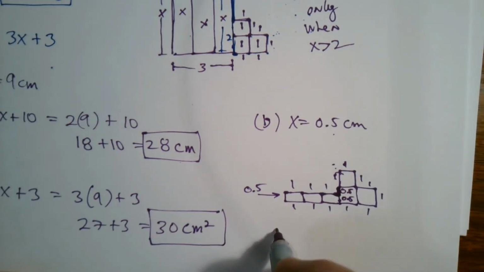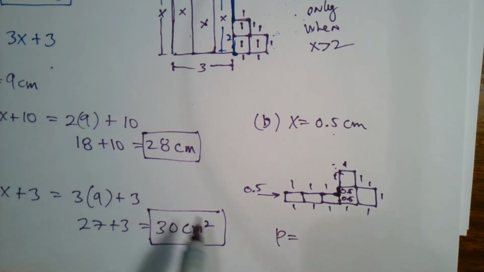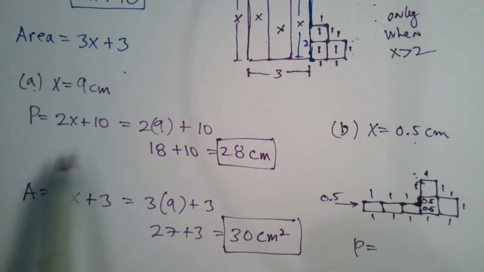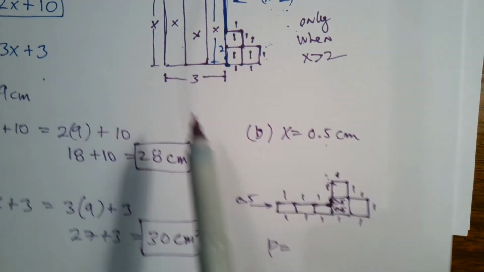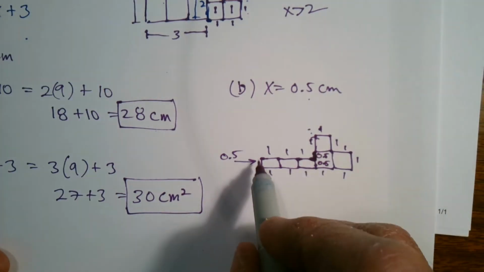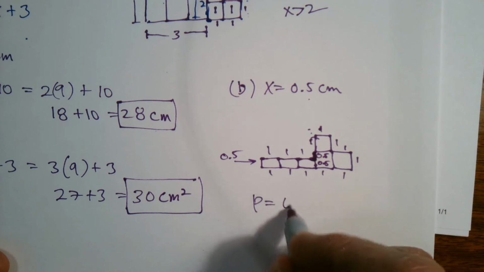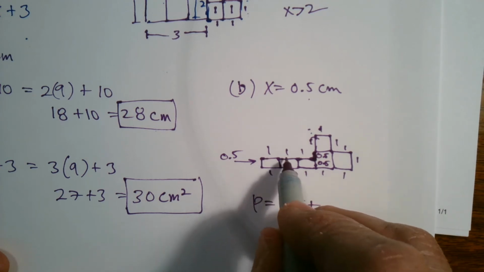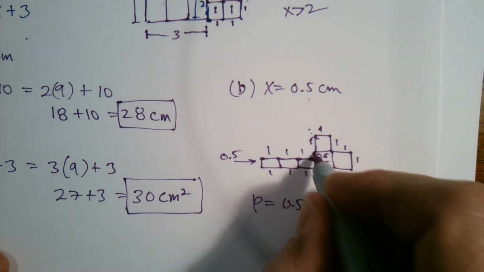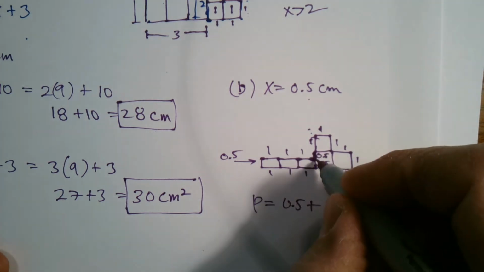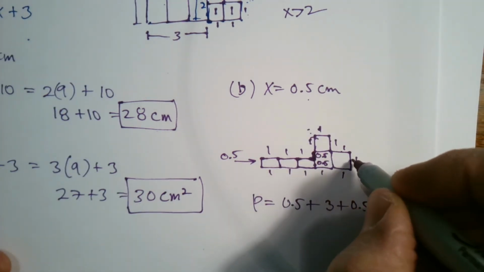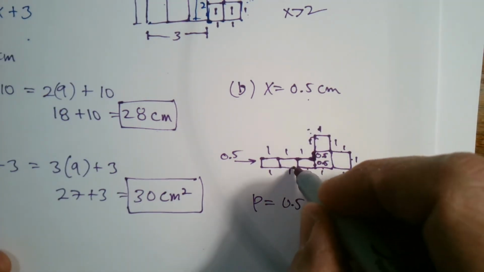So if I talk about my perimeter for this problem, I cannot use my perimeter expression. That's not going to help me because that comes from the other diagram. So I actually have to draw a diagram on this one. So what we have: 0.5 plus 1, 2, 3. I'll just keep writing it. Plus this direction, another 0.5, right? Plus 1, 2, 3, 4, 5, 6, 7, 8, 9, 10.